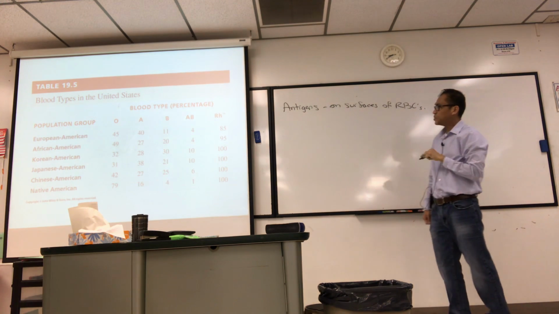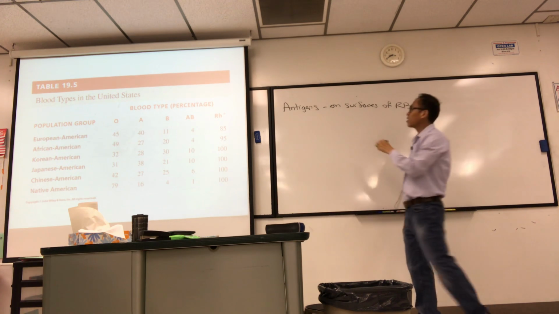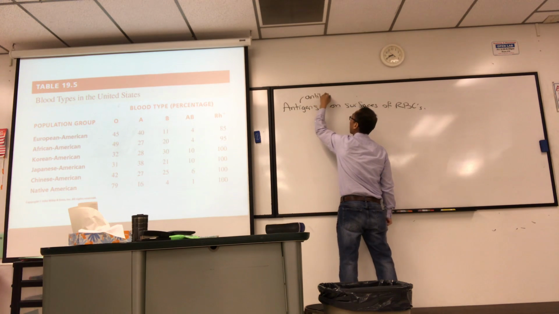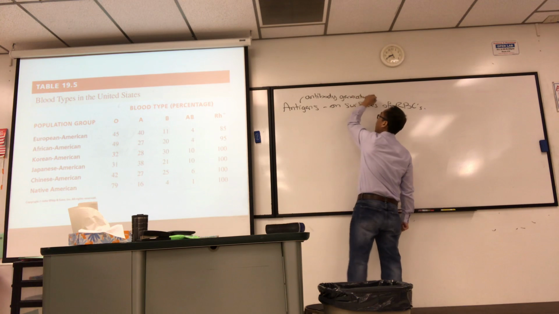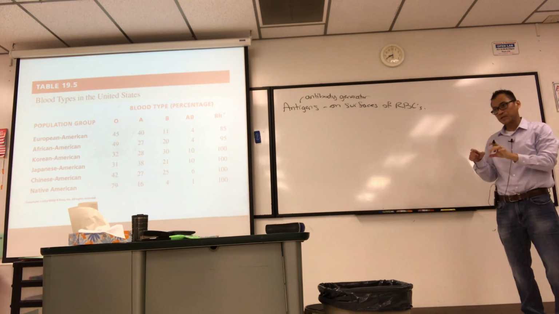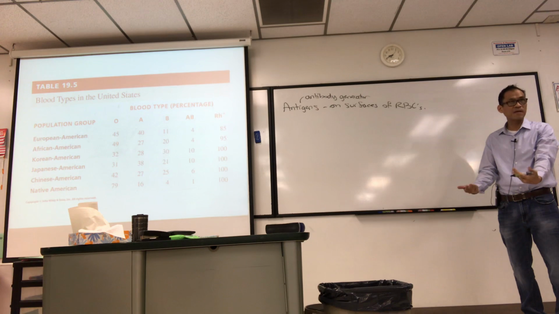Think of antigen as a word that means antibody generator. If your immune system recognizes an antigen on a non-self molecule, you'll generate antibodies against it to fight it because you're infected with something.